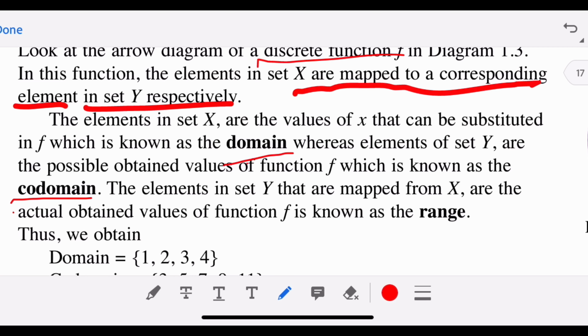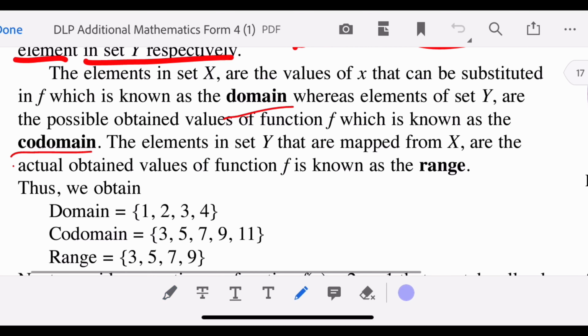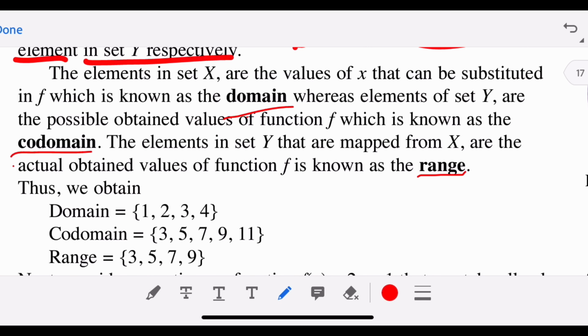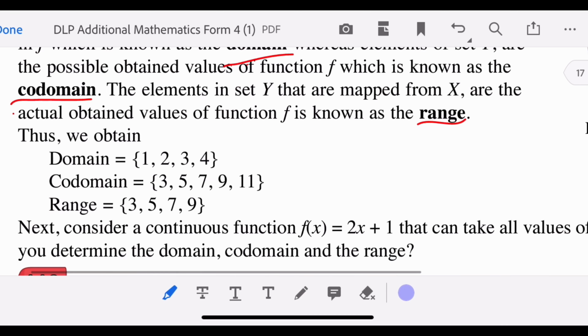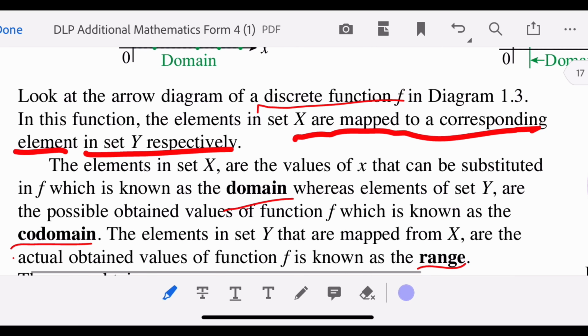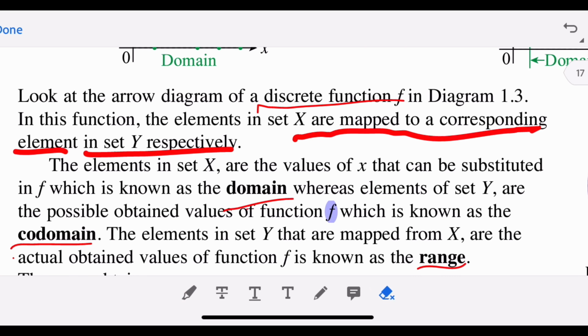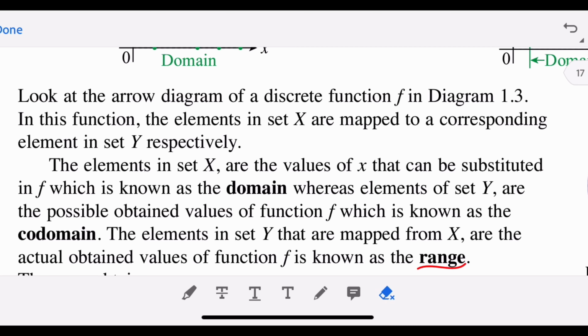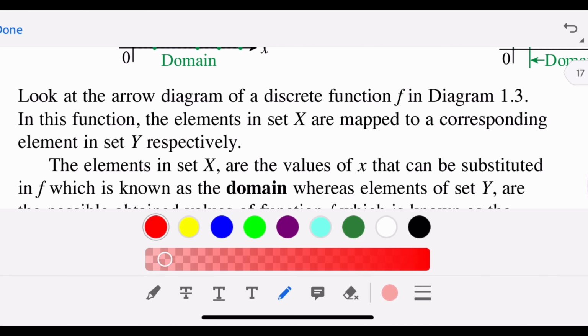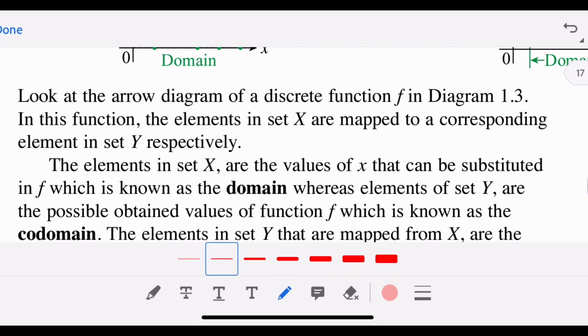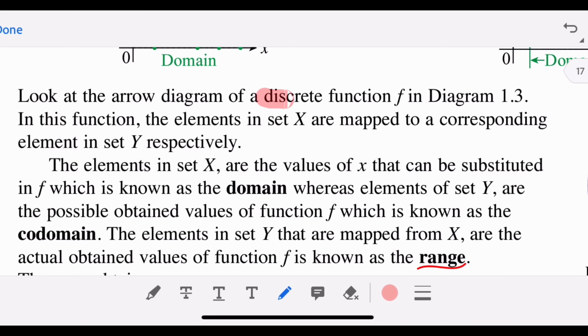The elements in set y that are mapped from x are the actual obtained values of function f, known as the range. So you must understand what the domain, codomain and range are. Please study the domain in the green letter words, so you can have a better understanding of the domain.